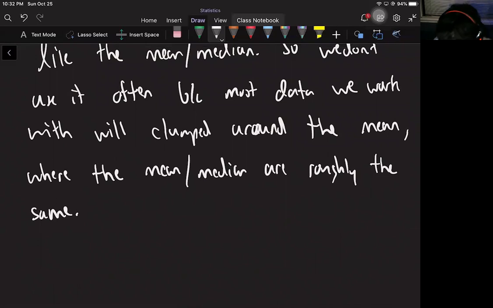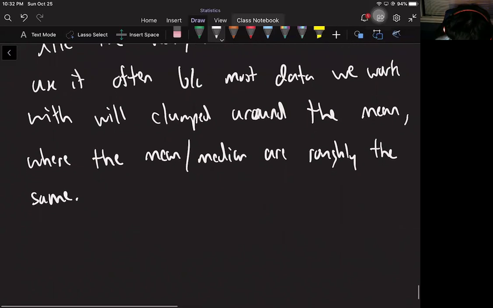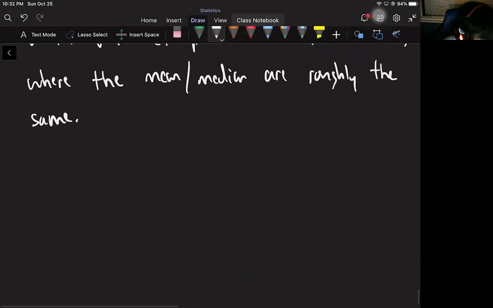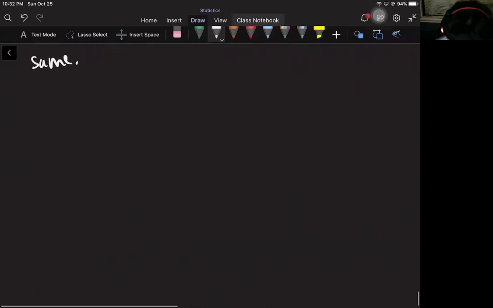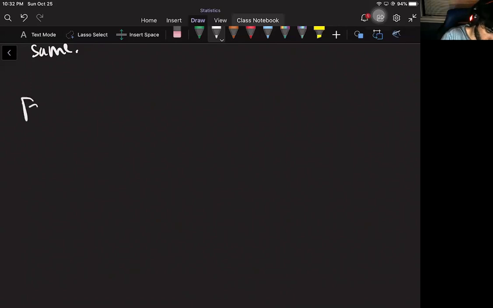We really want to figure out not just what represents a typical data point, but sort of what's in the middle of the data. Okay. It just so happens that being in the middle and being typical sort of coincide very often, except in the case like where the mode was more useful above.